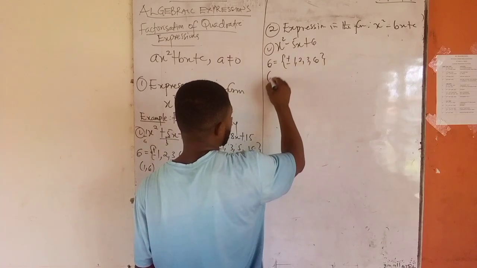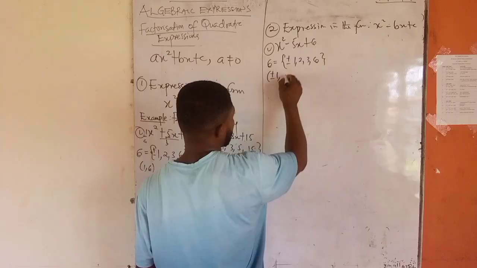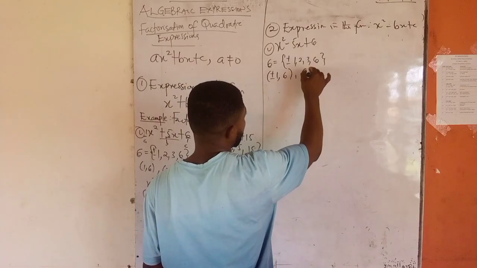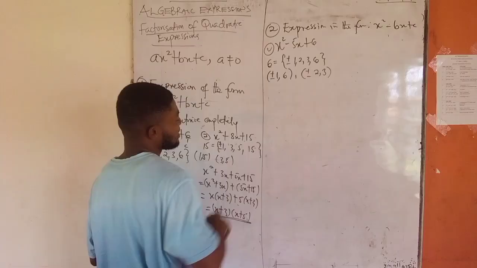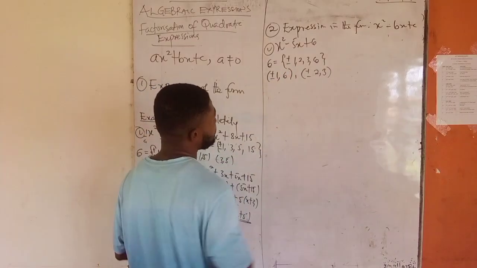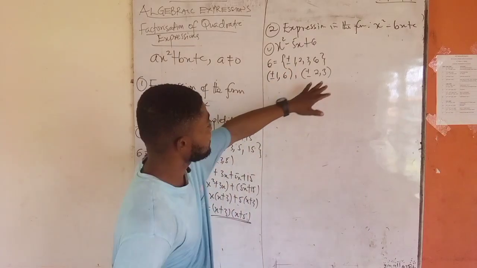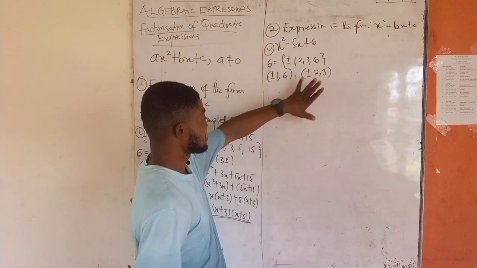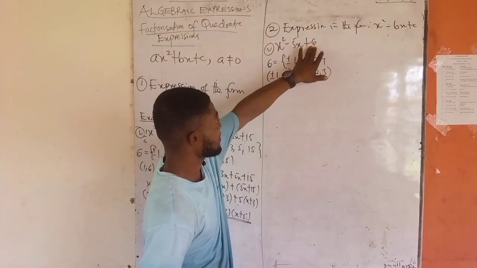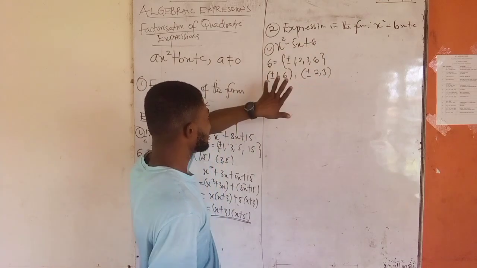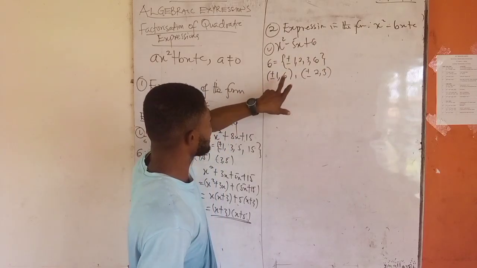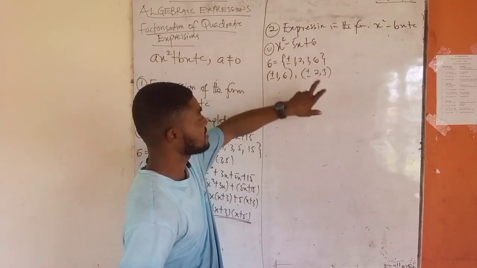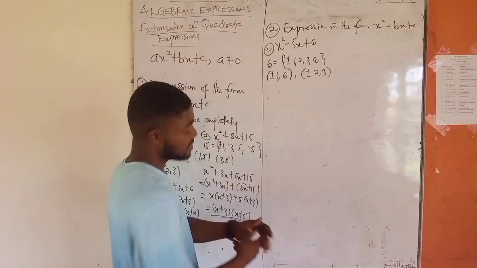I group the factors with the operators. When I look closely, I want factors such that when I multiply I get 6, but when I add I get negative 5. Negative 1 times negative 6 is positive 6, but negative 1 plus negative 6 is negative 7. So this is obviously not the right option.